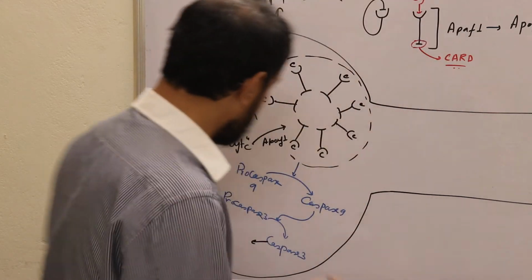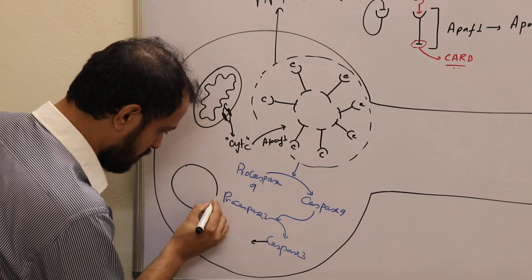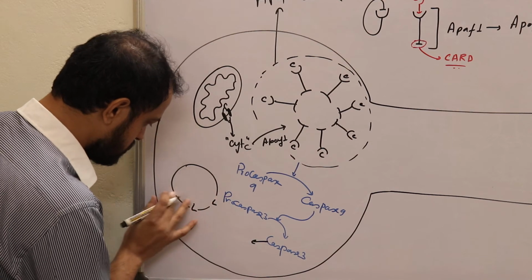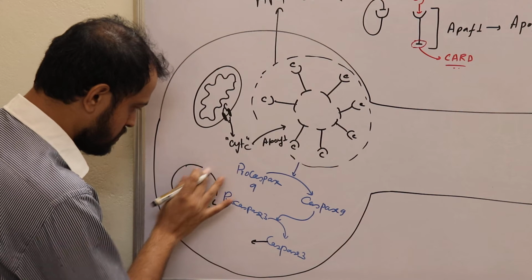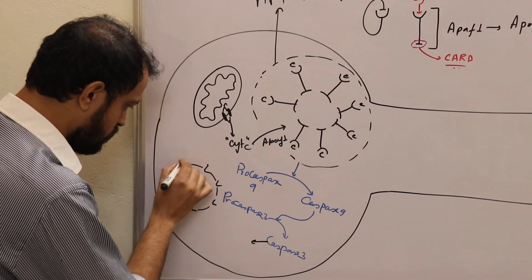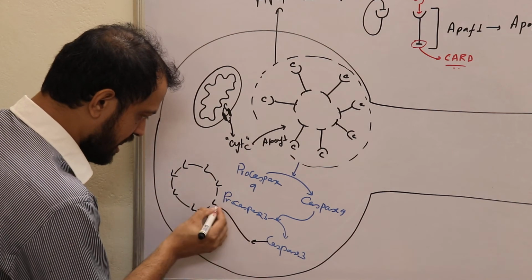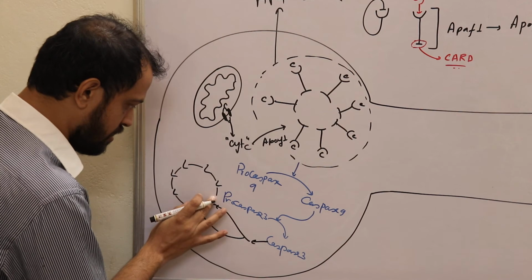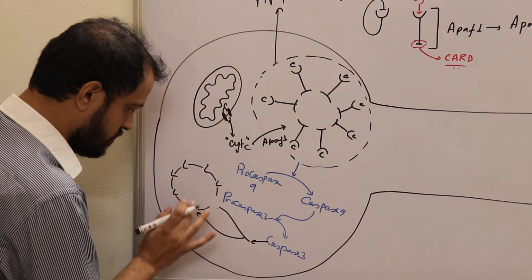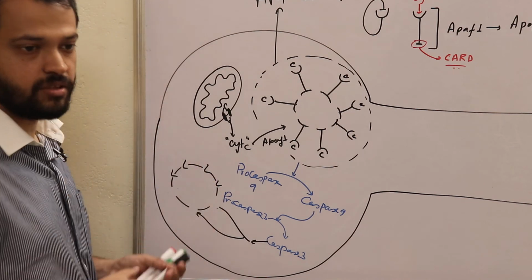That is, in the nucleus of every cell there are proteins known by the name of lamins. Proteins are present in the nuclear membrane which are known as lamins. This caspase will attack lamins, and these lamins will lose their identity, and this is how the nuclear membrane integrity is lost.